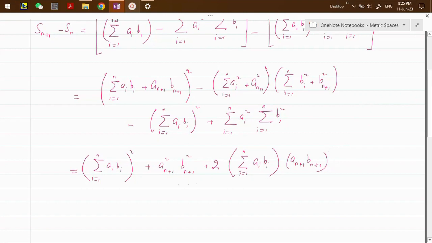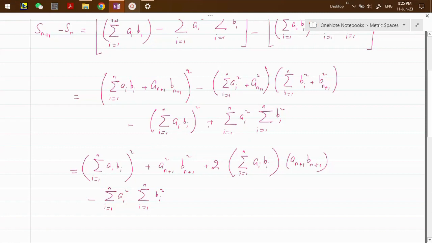Again we multiply these two terms and we get minus summation i from 1 to n ai square into summation i from 1 to n bi square. And we multiply this one and this one, we get summation ai square into summation bi square.